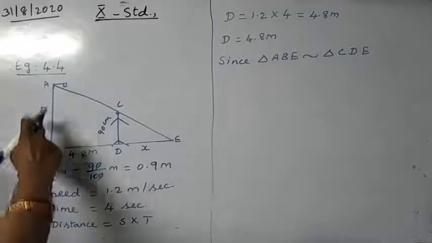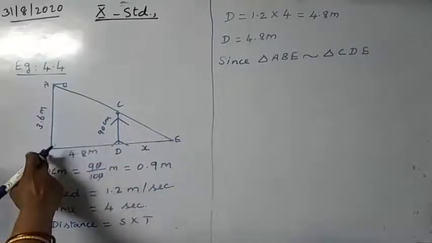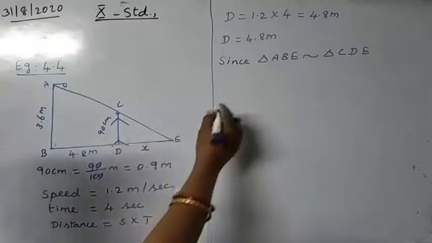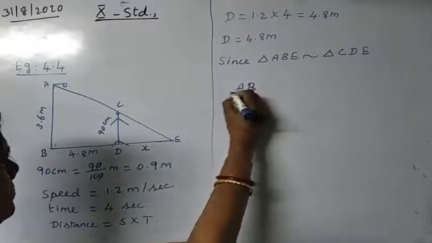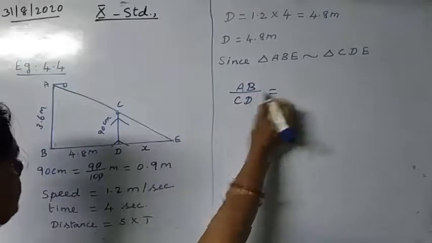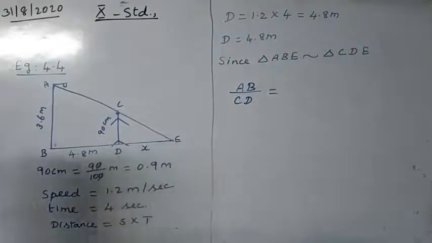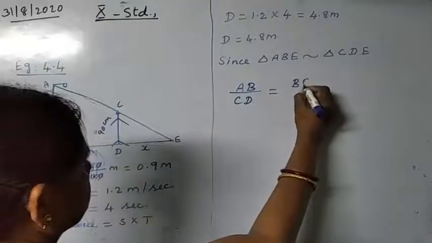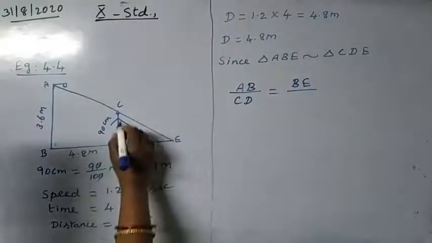So taking triangle ABE, AB, take triangle CDE, CD. So I can write AB by CD is equal to, take the base, in triangle ABE, BE, in triangle CDE, DE.